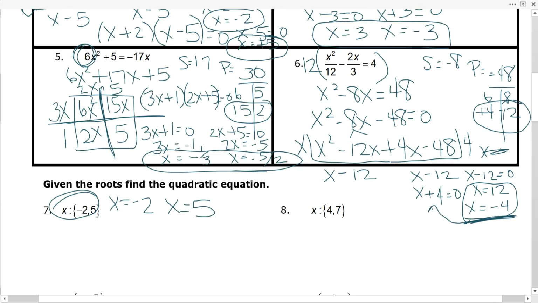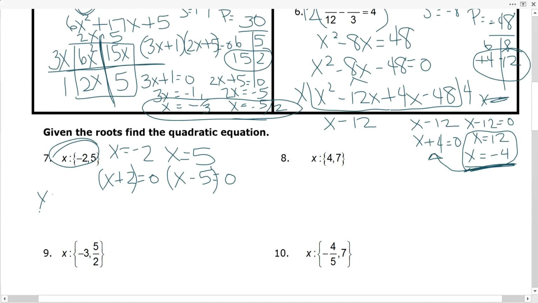The first thing I did was set it equal to 0. So I'm going to add 2 to both sides. I'm going to subtract 5 from both sides. Okay, now I've got my two factors that are equal to 0. I'm going to multiply them together.